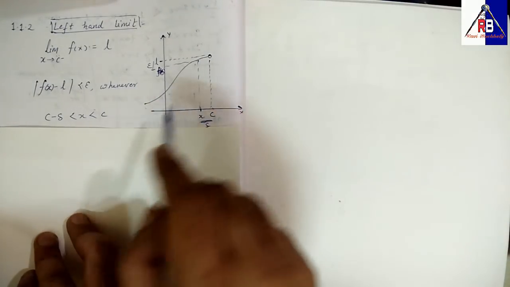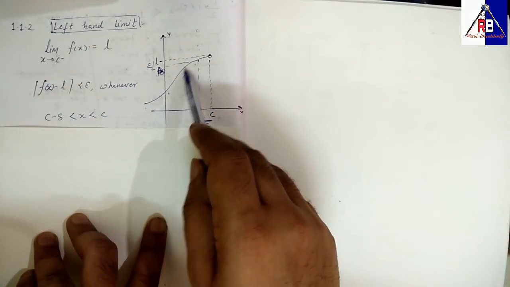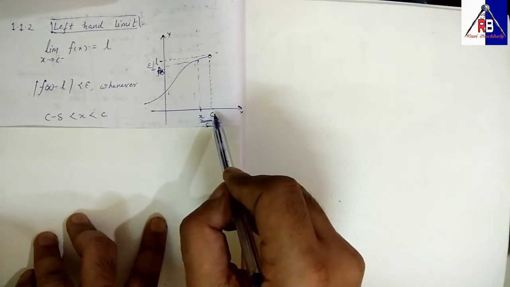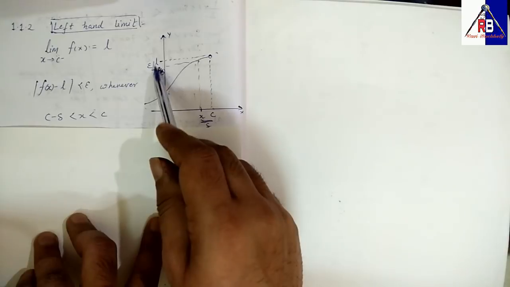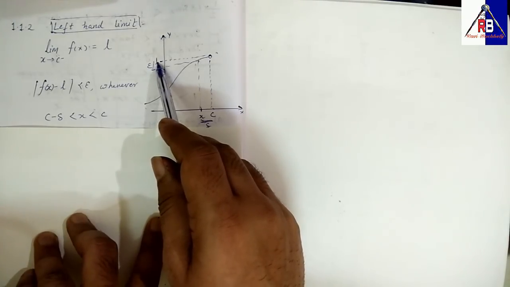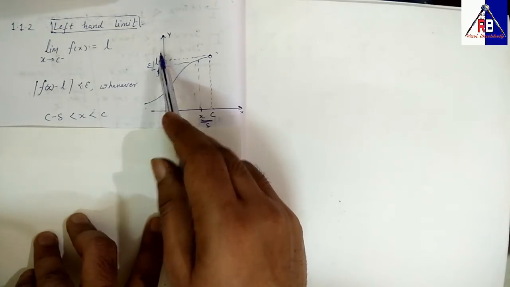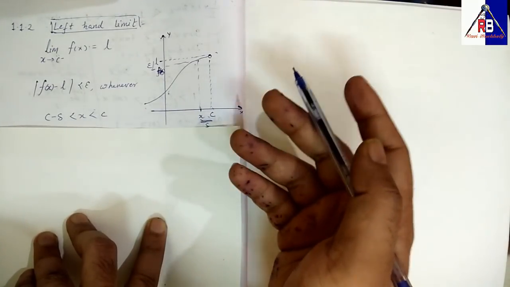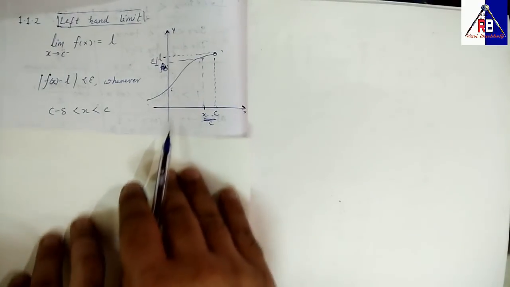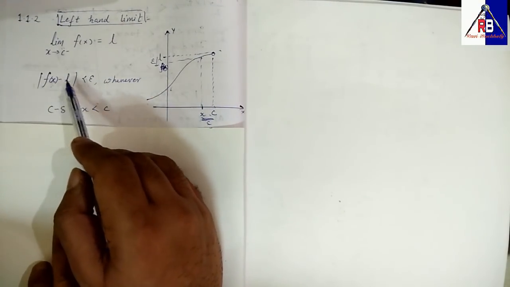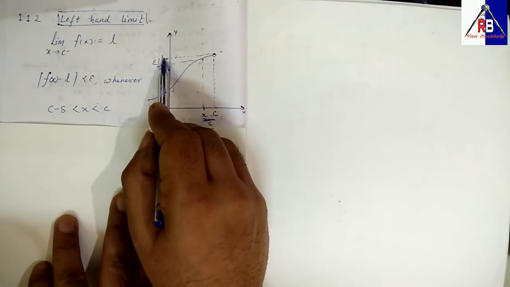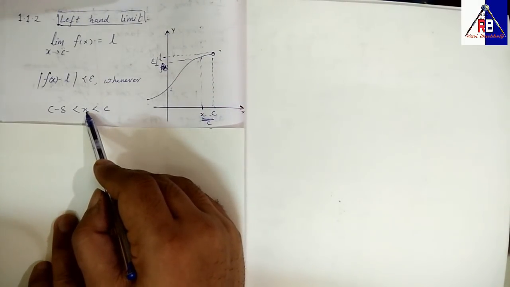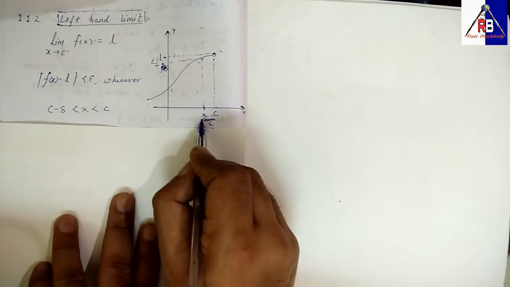So I repeat, a function f is said to tend to a limit L as x tends to c from left if given any epsilon greater than 0, however small, same definition as previous, there exists a delta depending on epsilon such that |f(x) minus L|, that is this minus this modulus, is less than epsilon, and x is somewhere between c minus delta and c.